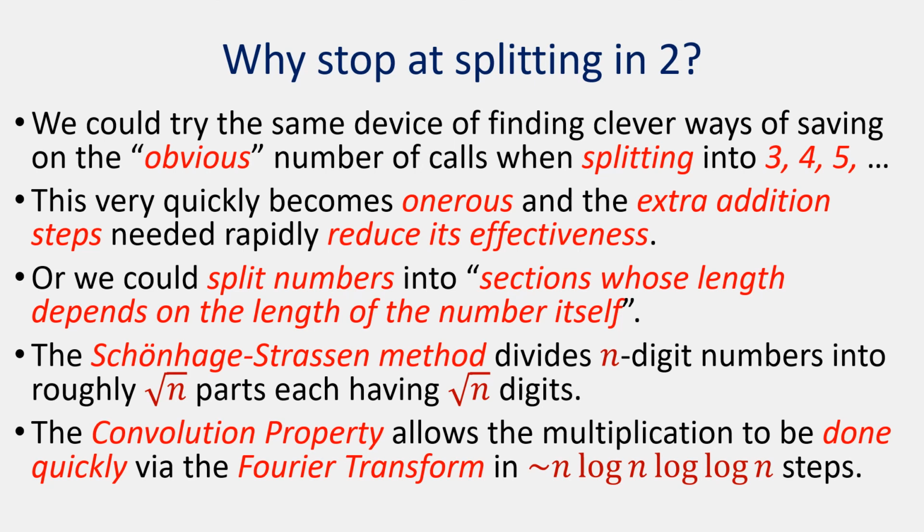And the convolution property in the Fourier transform that I mentioned results, when we carry out this method, in an algorithm which takes roughly n multiplied by the logarithm of n steps. So this is a huge saving on n squared.